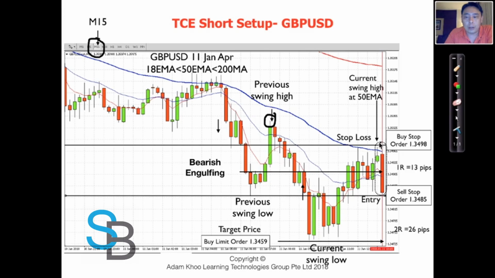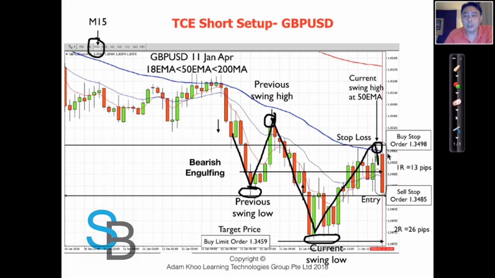This is the current swing high. So it makes lower highs. And this is the current swing low, and that's the previous swing low. So again, we have got lower highs, lower lows. So we need to always have that pattern. Okay. Boom, boom, boom, boom, enter.